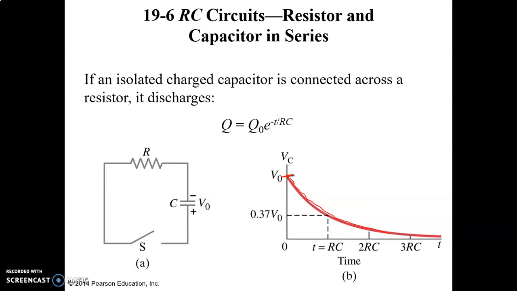And so we find that the charge on the capacitor will decrease exponentially, that Q is equal to Q0, the maximum charge, times e to the minus t over RC. And likewise, your voltage in a capacitor is going to be the initial voltage times e to the negative t over RC as well.